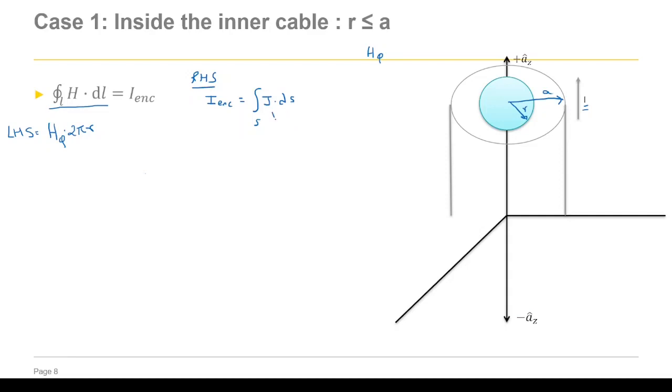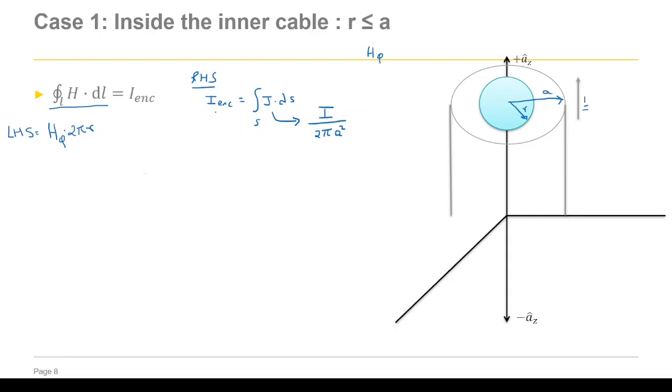Now, current density being defined as the quantity per unit area, the current density in this case is going to be the total current divided by pi a squared, where the inner conductor's radius is a.